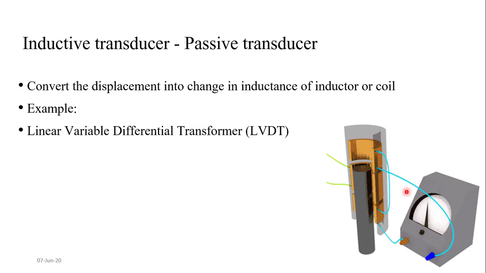Check this out. Outside, these three things you can see here are the inductor. Whenever a metal is passed through it, it will misshape its magnetic flux, and due to that magnetic flux the current is generated. So the current is changed, the EMF is changed, and it can be sensed.